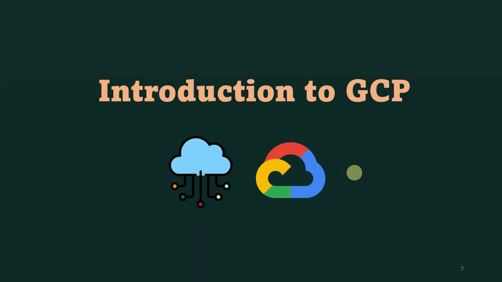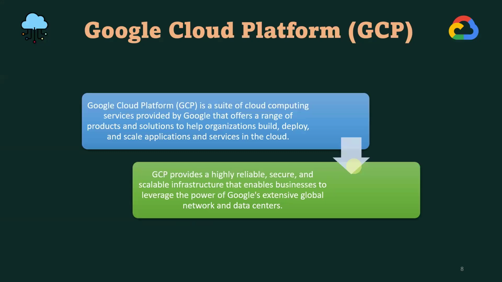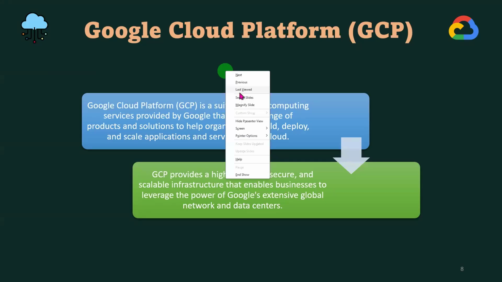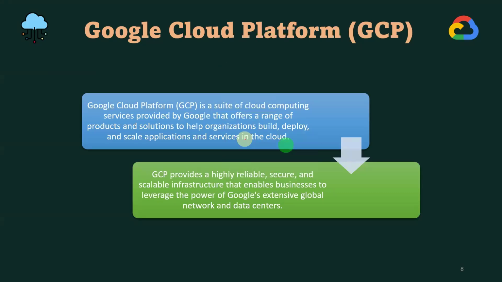Sir, Google Cloud Platform is one of the leading cloud providers. Can you tell me some other cloud providers? We have AWS, Azure, Alibaba, Oracle. Similarly, you have Google Cloud Platform also. Google Cloud Platform provides cloud computing services, products, and solutions to help organizations build applications, deploy applications, and scale applications and services in the cloud.